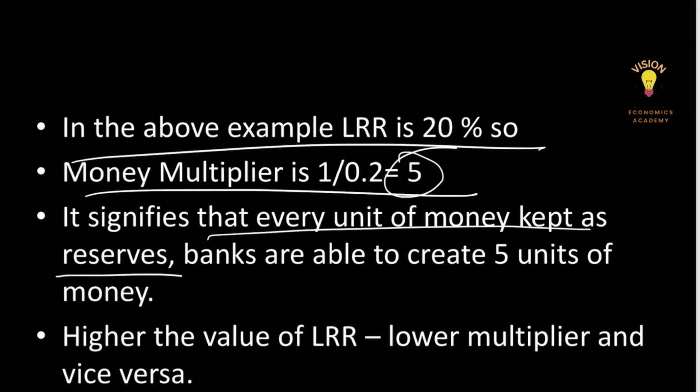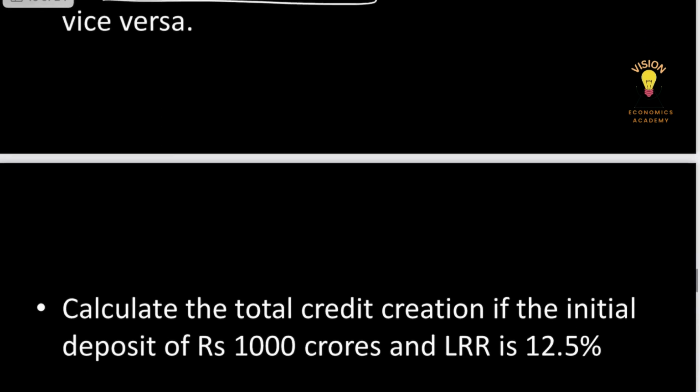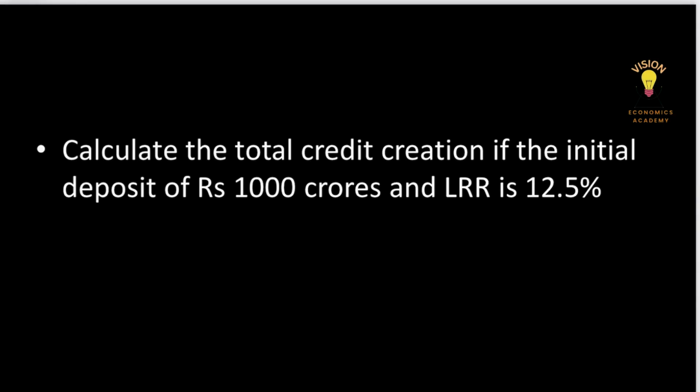So the higher the reserves, the lower the multiplier, and the lower the credit we will be able to create. The lower the LRR, the higher the credit creation and multiplier.